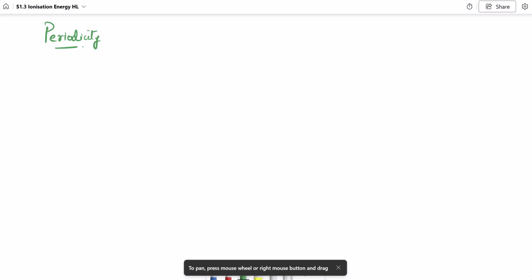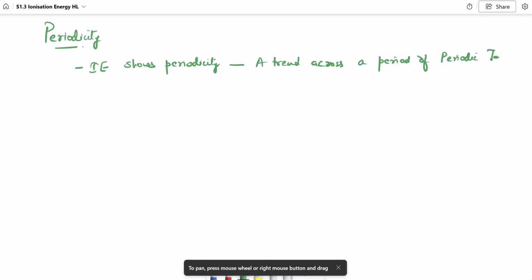So here also ionization energy shows periodicity. Periodicity means a trend across a period of the periodic table.